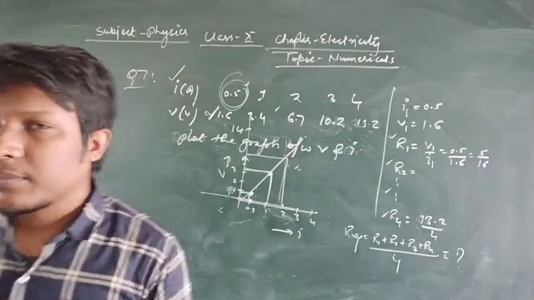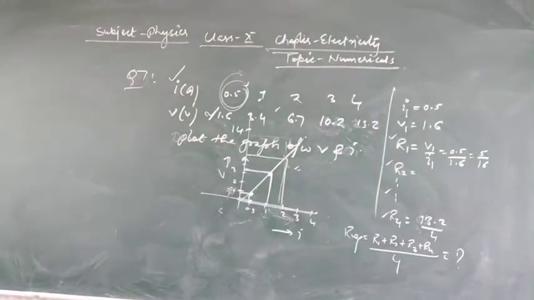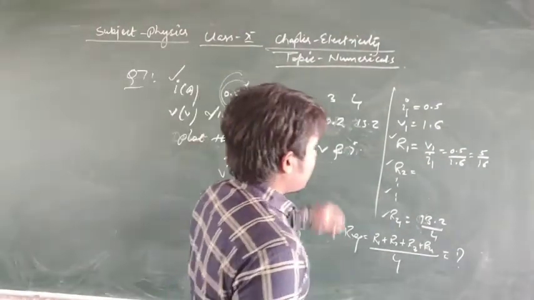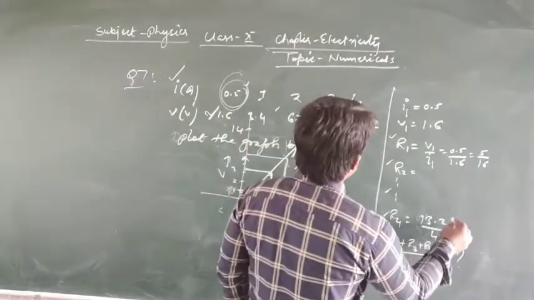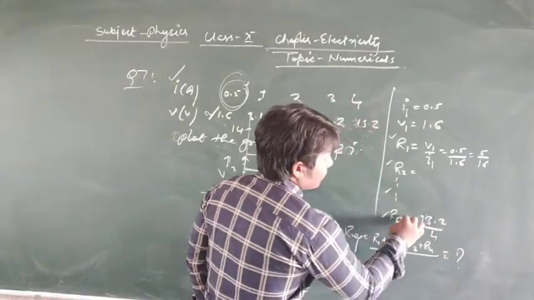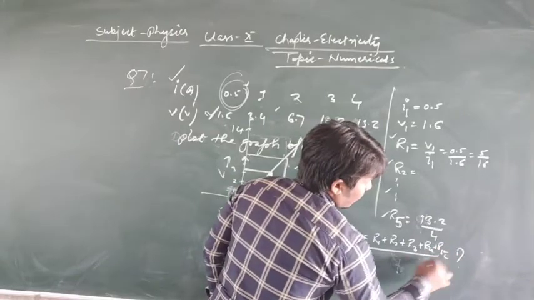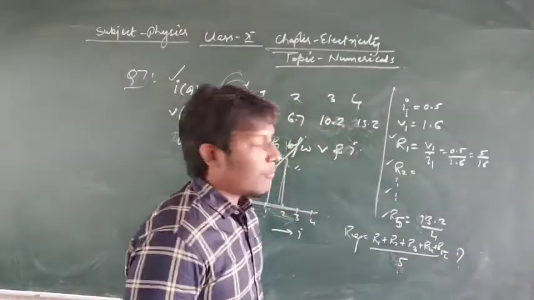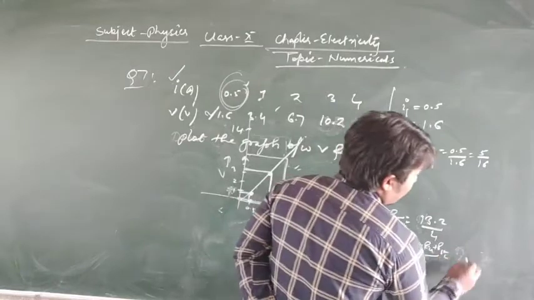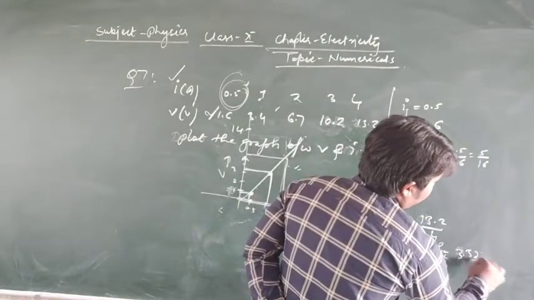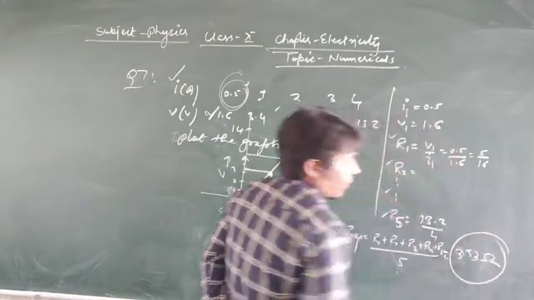Since there are 5 values, you divide by 5, and the value you get is 3.34.